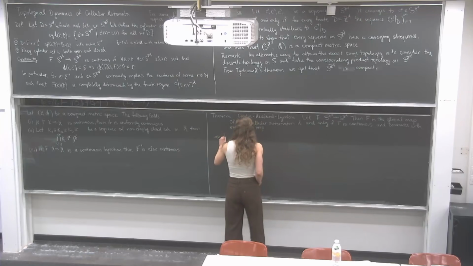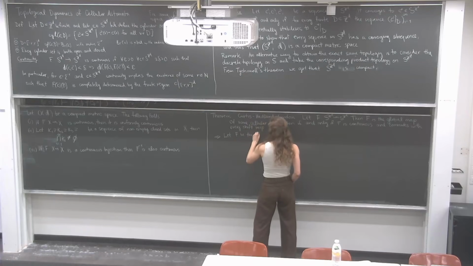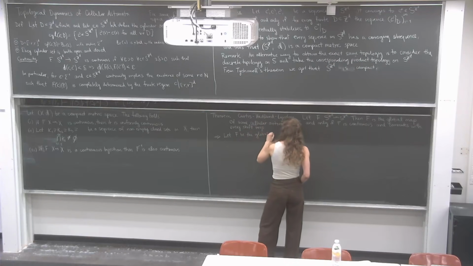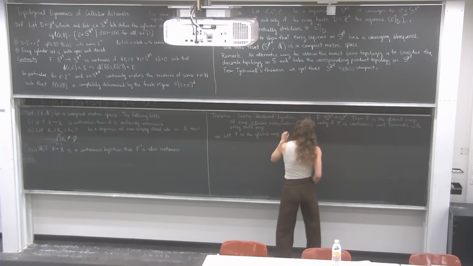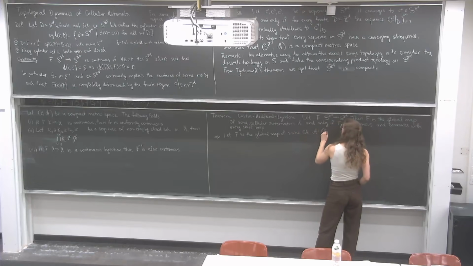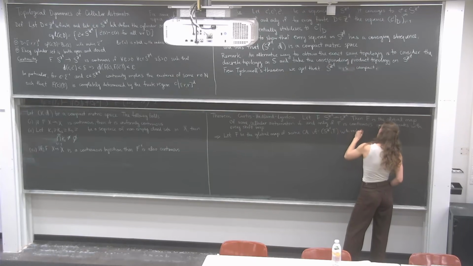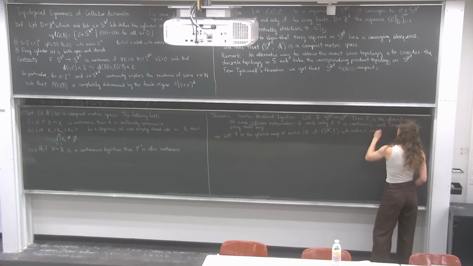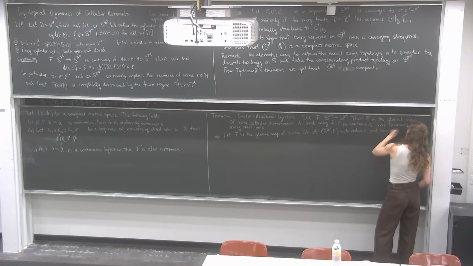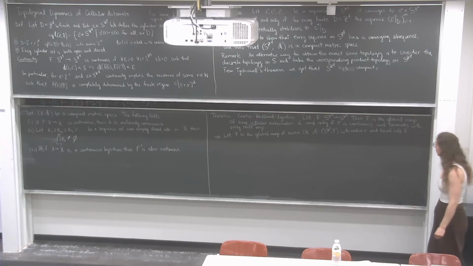So let F be the global map of some CA with radius r and local rule f. So we essentially already discussed that it commutes with all shifts.